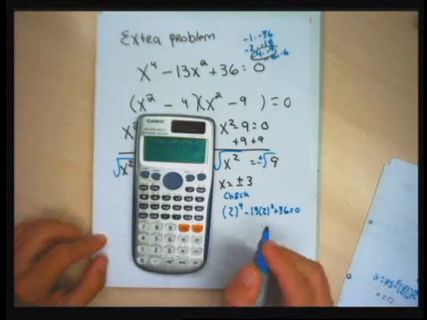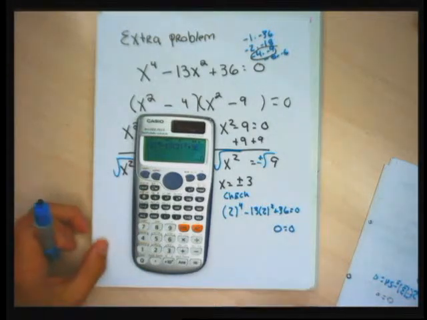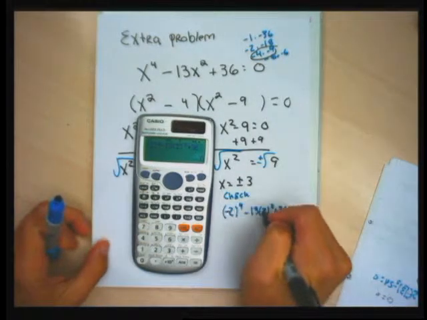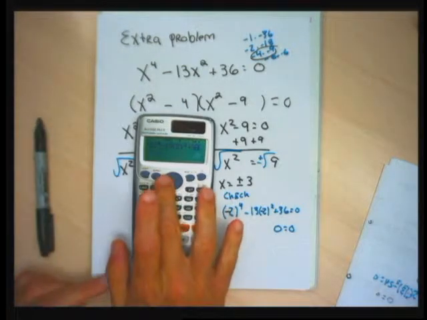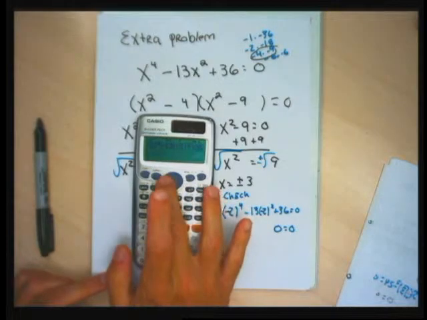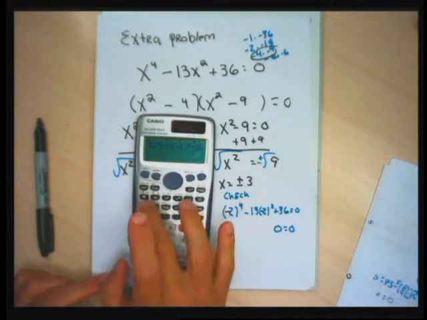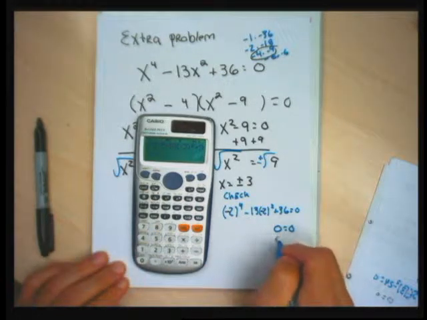When I do that, I get 0 equal to 0, so I've just checked the 2. Instantaneously, I can check the minus 2 by just changing the 2's to minus 2's. So back up, change that 2 to a minus 2, change that 2 to a minus 2. So now I'm checking the negative 2's. And that also gives me 0 equal to 0.